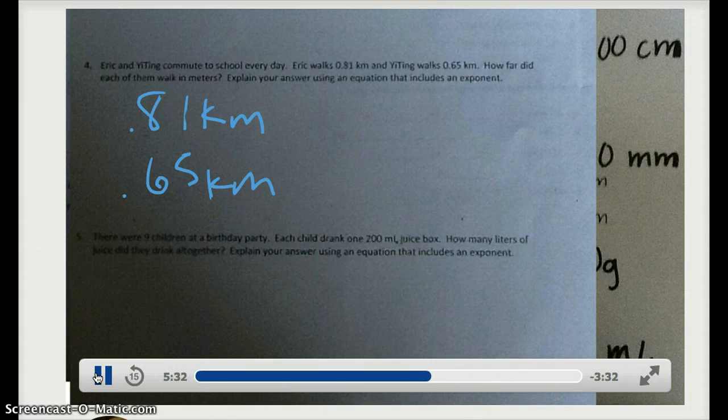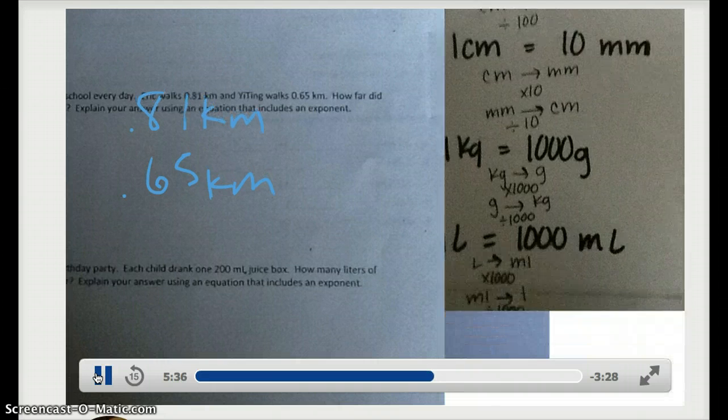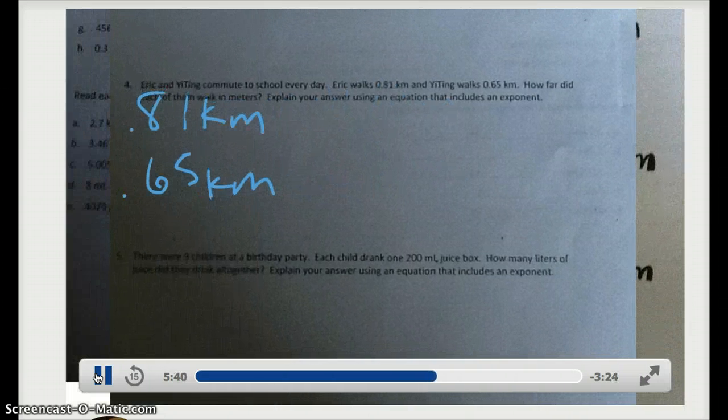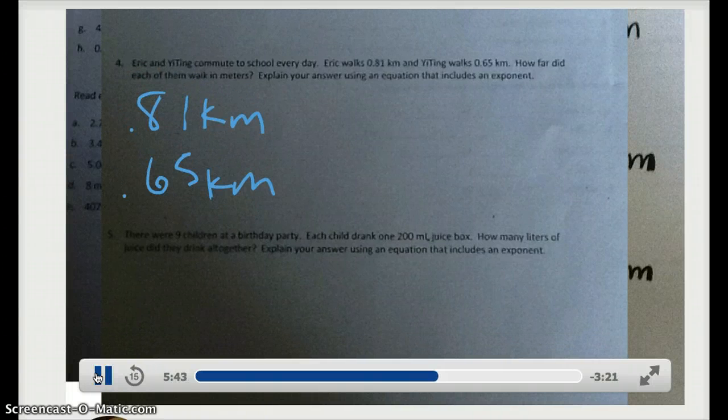So kilometers to meters. We have to find kilometers to meters. That's multiplied by 1,000. So I'm going to take those numbers and multiply them by 1,000.